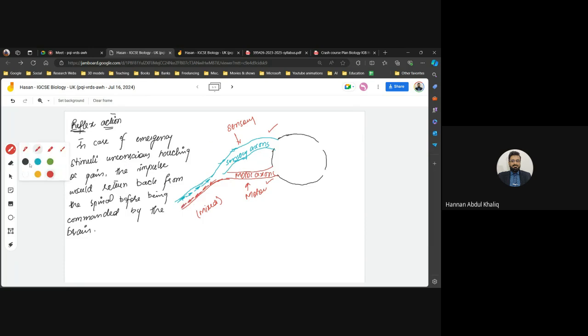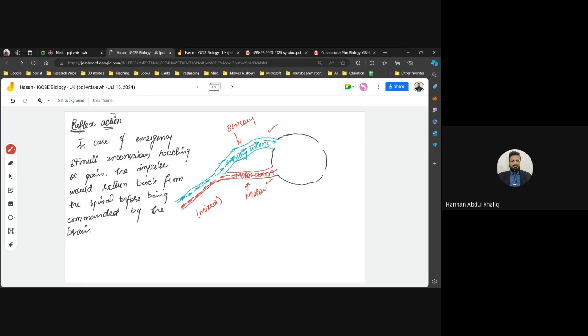But when you enter on the dorsal side, you will see that only neurons are taking the impulse towards the central nervous system. And when you see this side, they are only taking it away from the spinal cord or central nervous system. Clearly, it is evident that the lower one or the ventral one is the motor nerve and the dorsal one is the sensory nerve, but they are becoming one, so we'll call them mixed nerve.